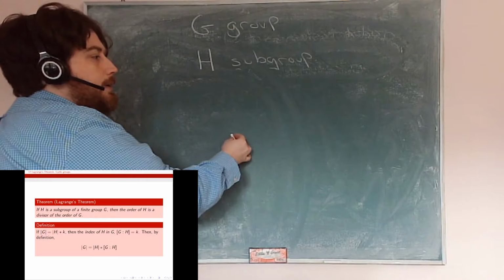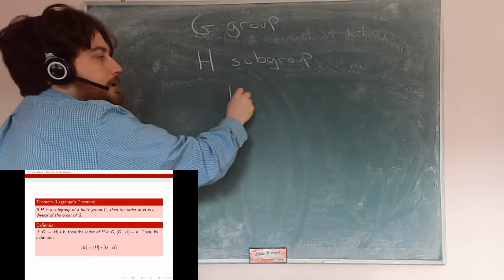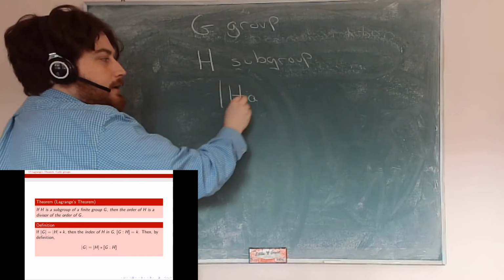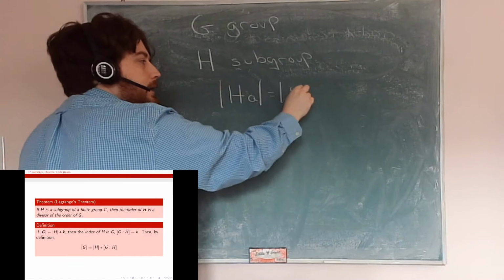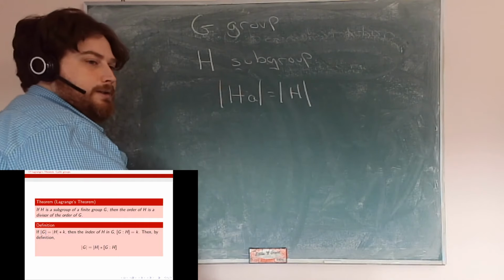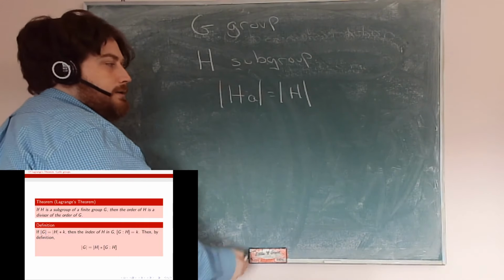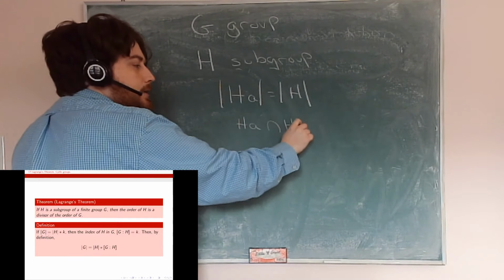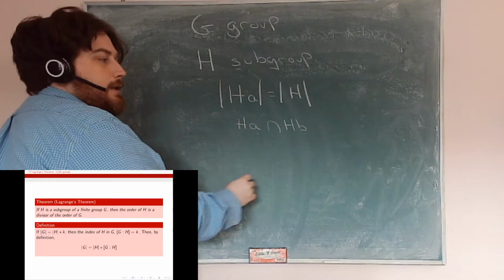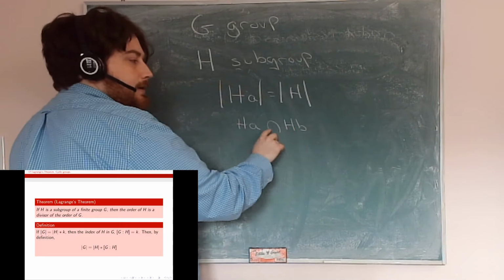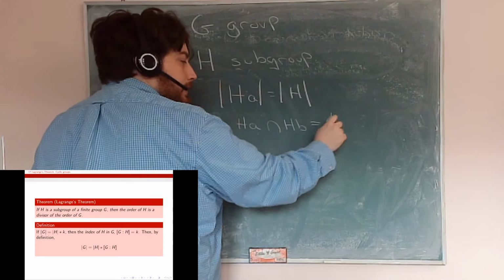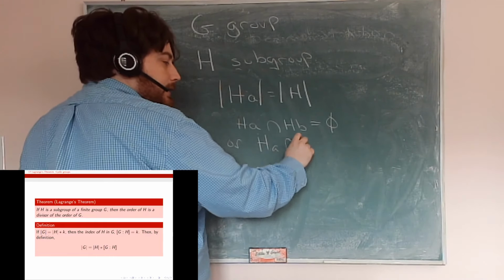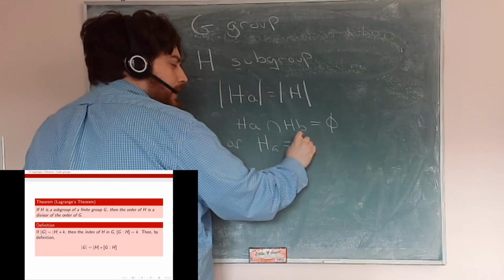What we determined was that if I find any right coset of H, then the cardinality of the right coset is the same as the cardinality of H. Also, if I take Ha intersect Hb for any a and b in G, either this is the empty set, or Ha is equal to Hb.